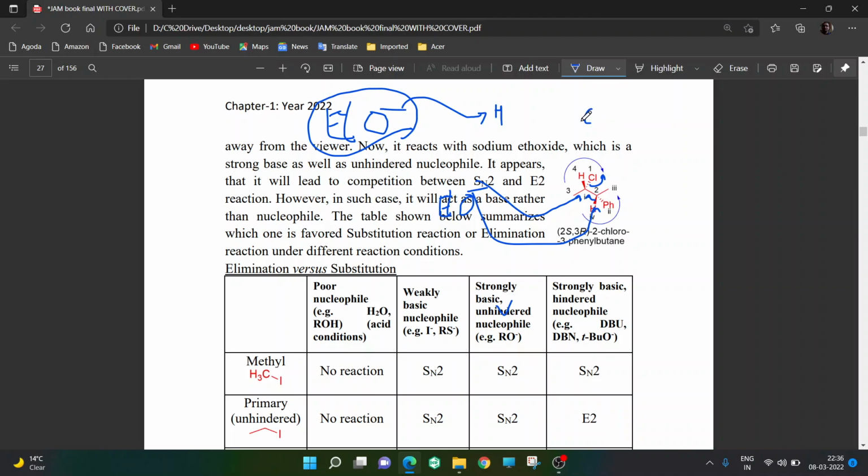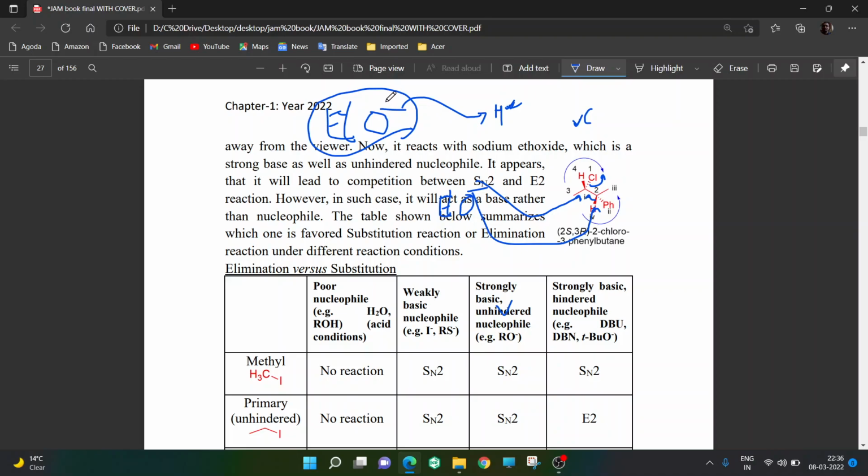Because carbon is much bigger, you can distort it, you can polarize it. So carbon is easy to polarize, easy to distort, so it is a soft electrophile, whereas hydrogen is a hard electrophile. Carbon is a soft acid and hydrogen is a hard acid, because hydrogen is very small, the proton we are talking about.